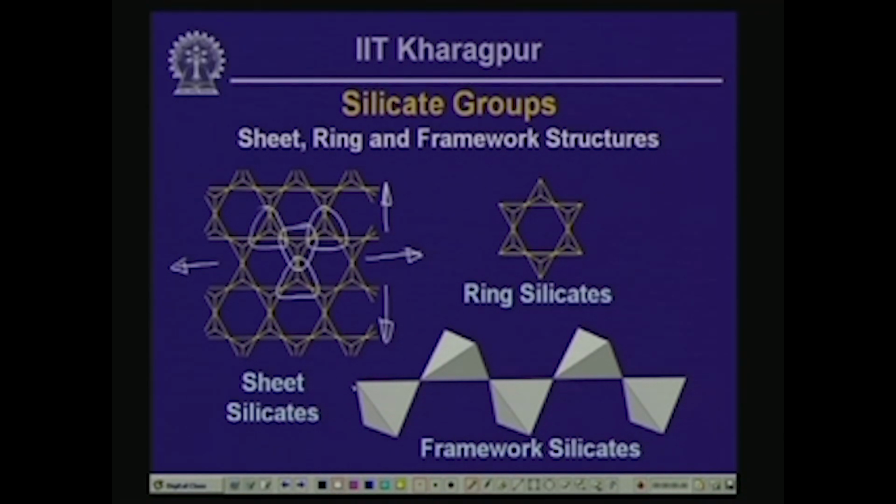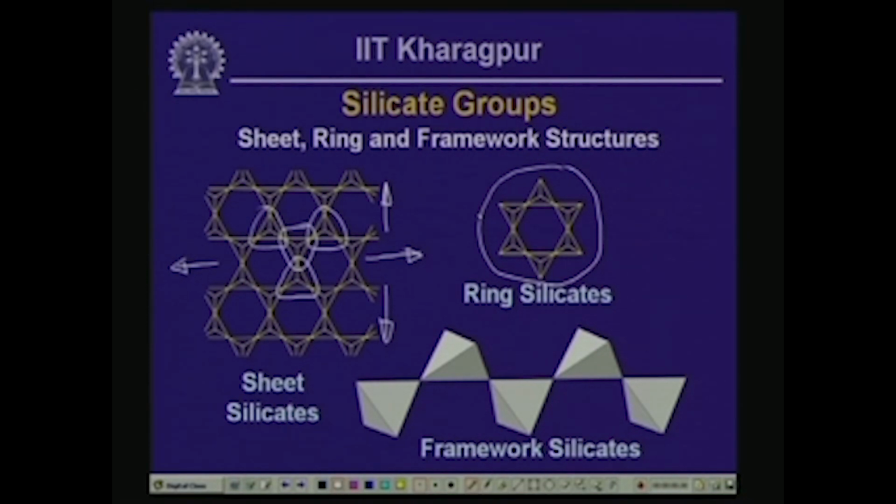Now, in a particular type of silicate mineral, you will get a structure which is not an indefinite extension of a two-dimensional mesh in a plane, but a ring-like structure as shown on the right here, and for obvious reasons this type of mineral is called ring silicates.